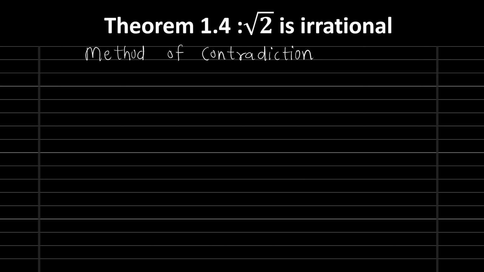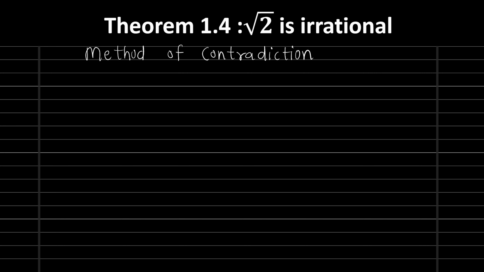What is the meaning of this method? It implies that we are going to first of all assume something wrong, and based on that wrong assumption, you will get the result also wrong. So we will conclude that our result is wrong because our assumption was incorrect. This is the way we have to prove Theorem 1.4.